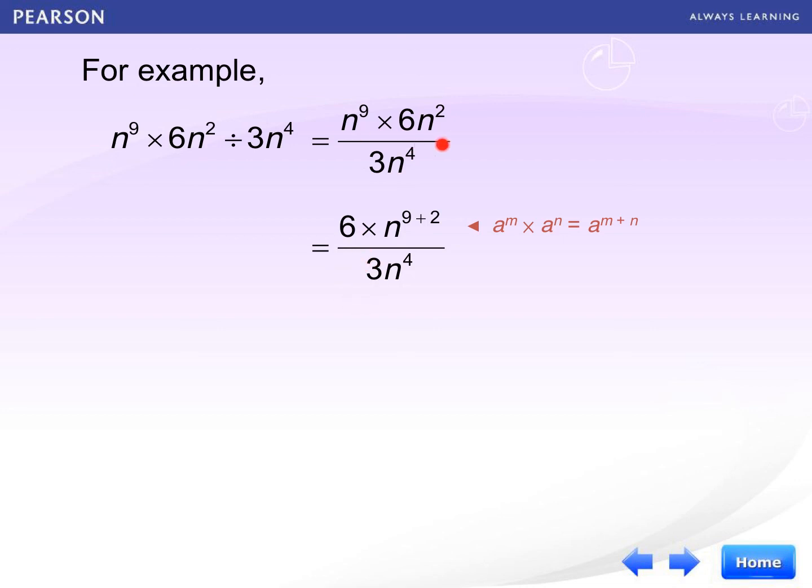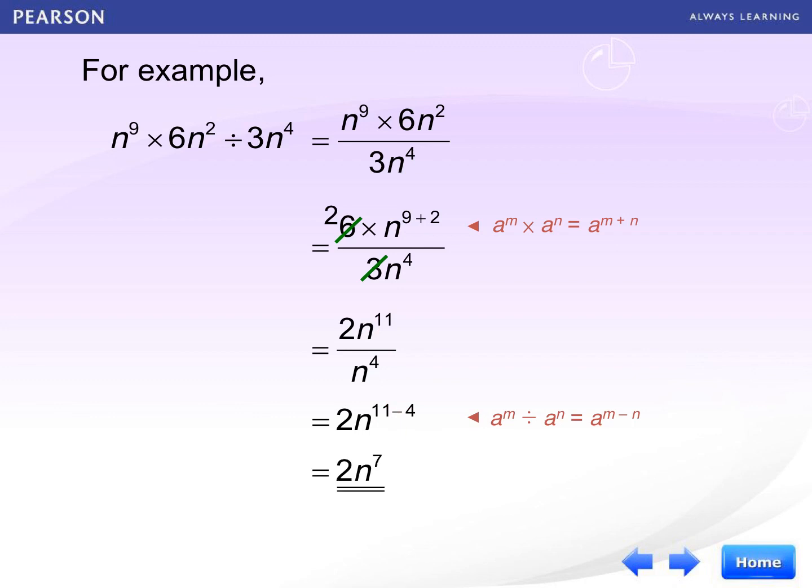For the numerator, n to the power 9 times n to the power 2 is n to the power 9 plus 2. So you get 2n to the power 11 for the numerator. And when n to the power 11 is divided by n to the power 4, you get n to the power 11 minus 4. So at last, the answer will be 2n to the power 7.